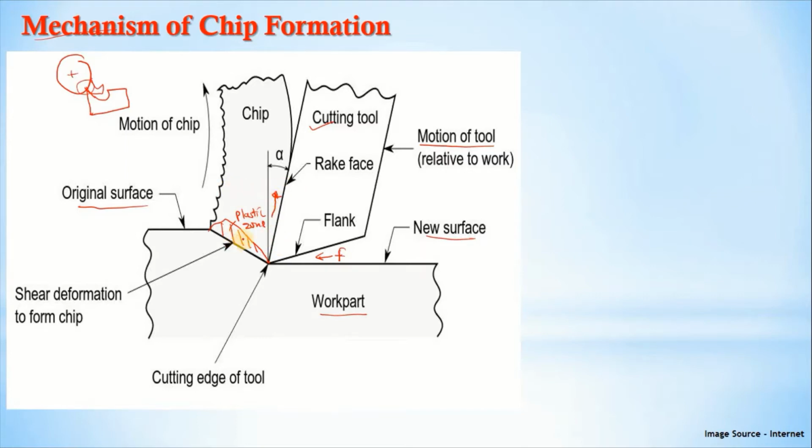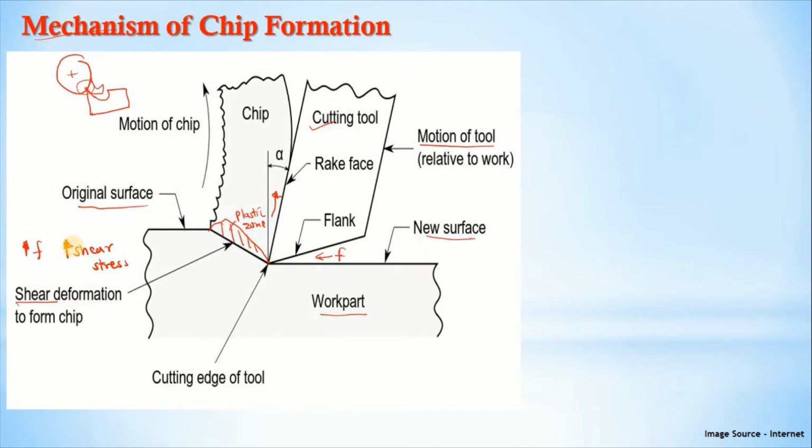In this portion the shear deformation of the chip takes place, and we get shear stress in this zone. If you apply further force by using the tool, the shear stresses induced in the layer of work material increase continuously.